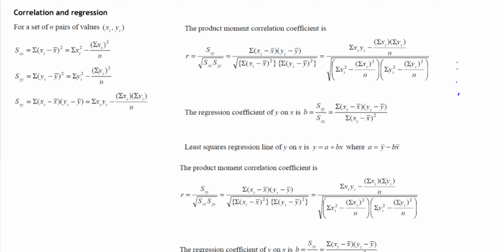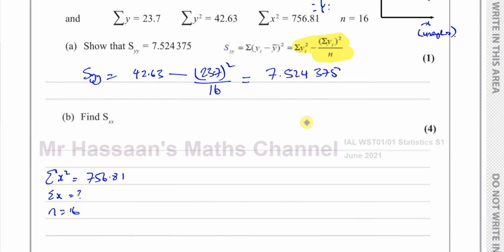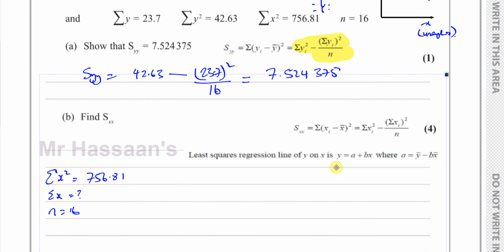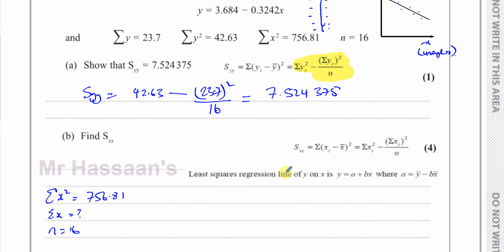So let me just go back here. Let's go back down. We have some of the x values. We have also some other formula here. This one, the least squares regression line of y and x. That's what we just mentioned here. So we know that from this line, we have y equals 3.684 minus 0.3242x.